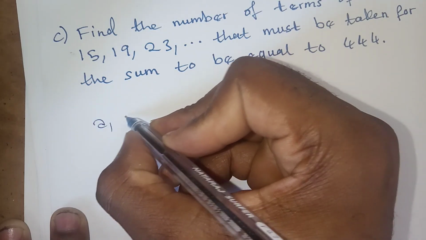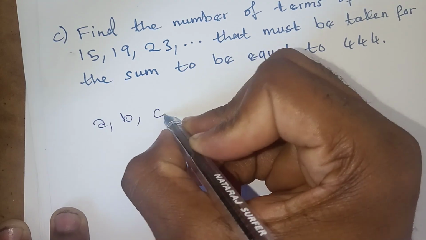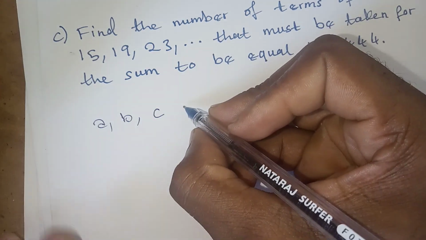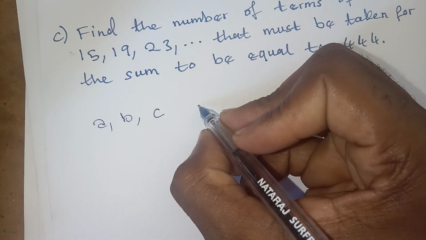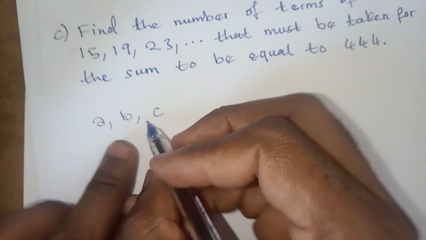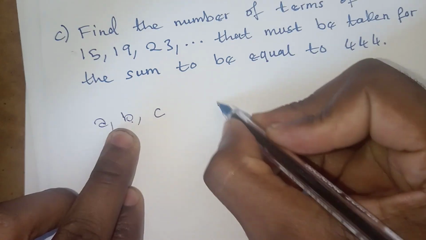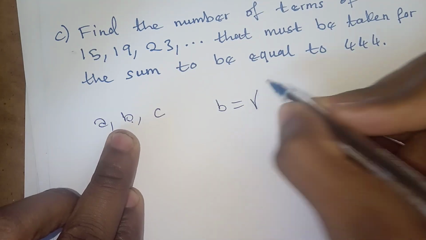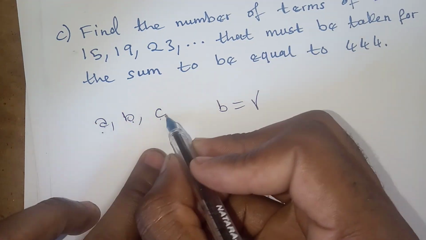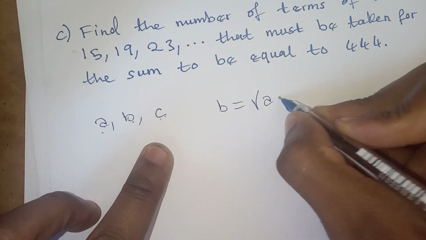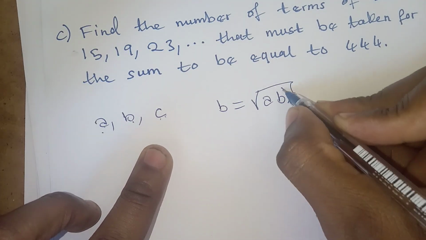When you have letters like A, B, and C, which are 3 consecutive terms of a GP, then the geometric mean, which is the B, is given by the square root of the product of the other 2 numbers, A and C.